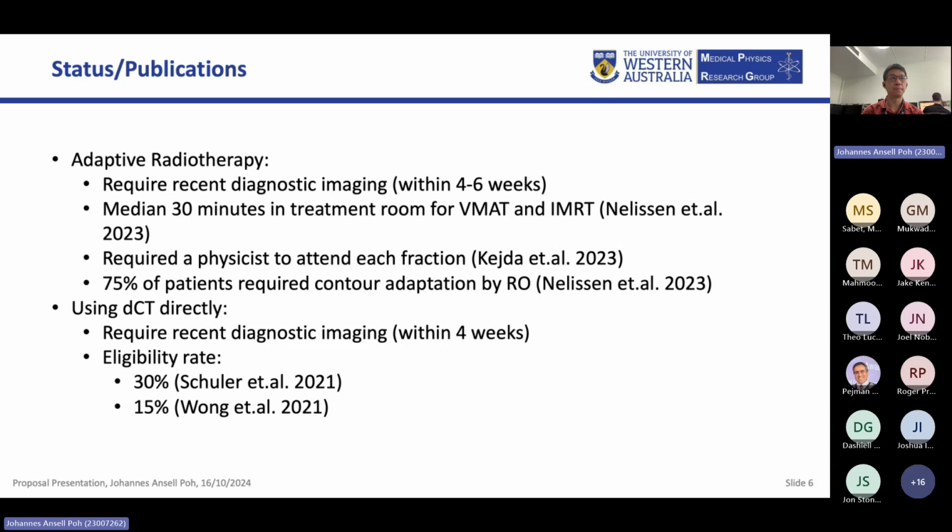Right now, the data set that's available right now is around 6 weeks difference between the diagnostic and planning CT. And I'm not really sure about the other criterias, but that's the one that I know there is right now. Okay.